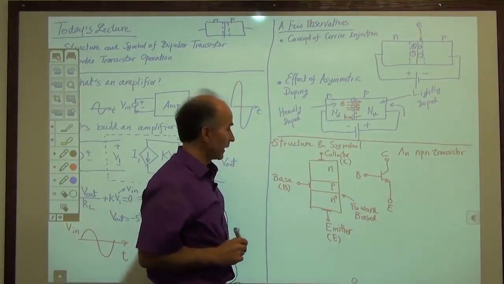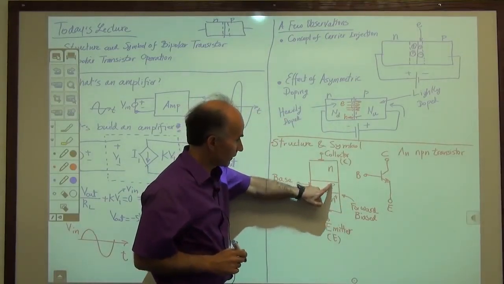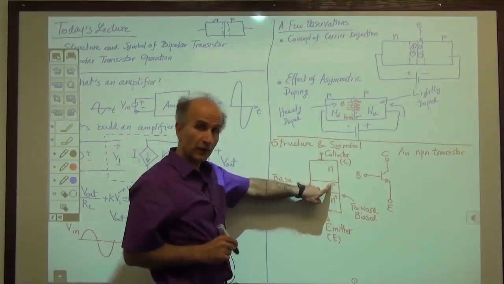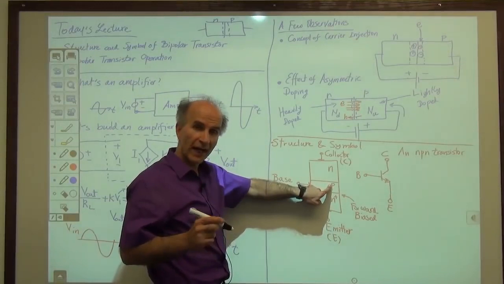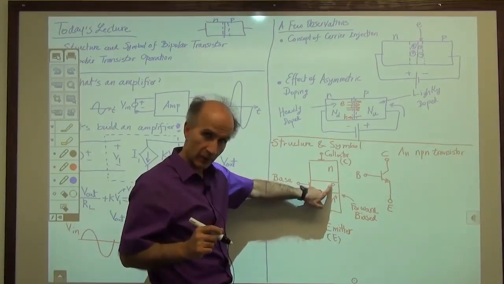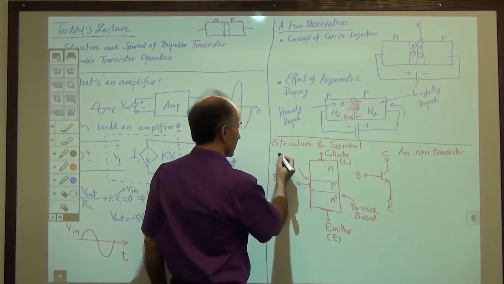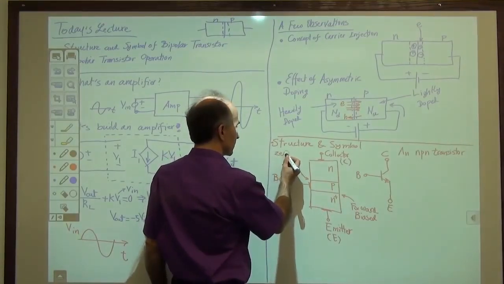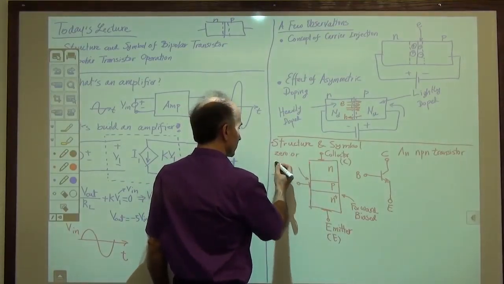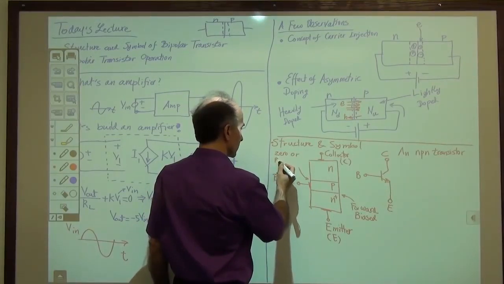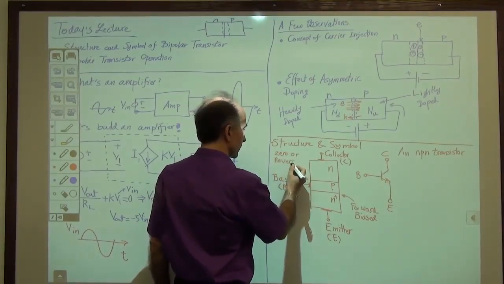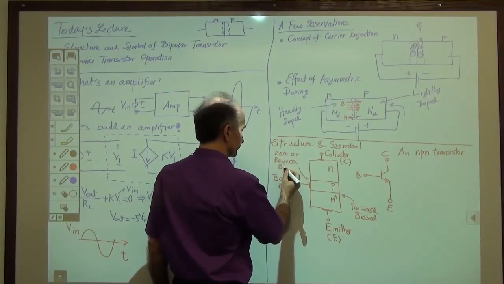Okay? And we assume that this junction, you can see there's another junction here, right? This junction is reverse biased or has zero bias across it. So zero or reverse bias.